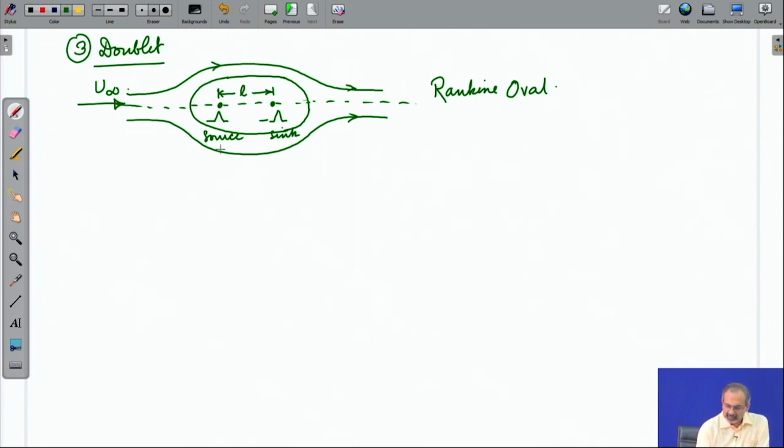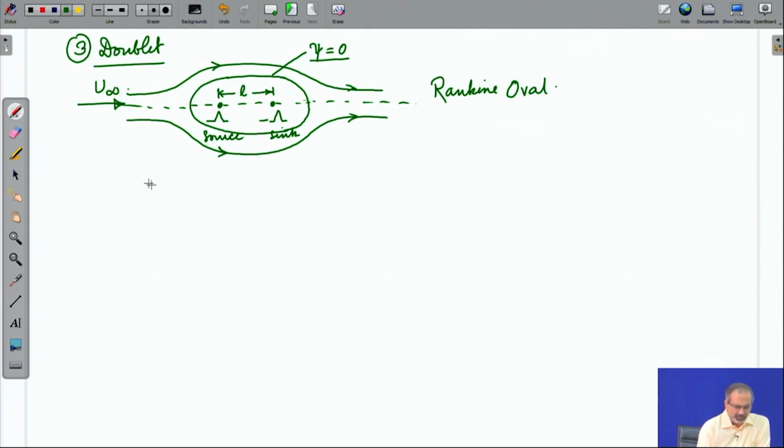These are nothing but streamlines of the flow, and this forms the so-called dividing streamline, and we can have psi equal to 0, that means the stream function value is set to 0 on that dividing streamline.